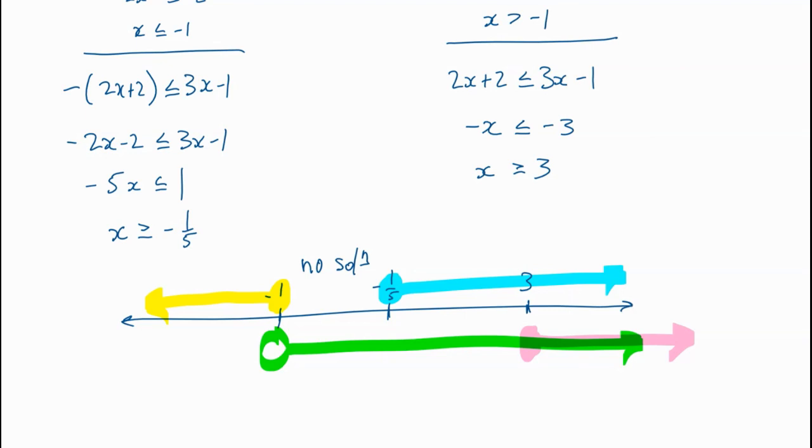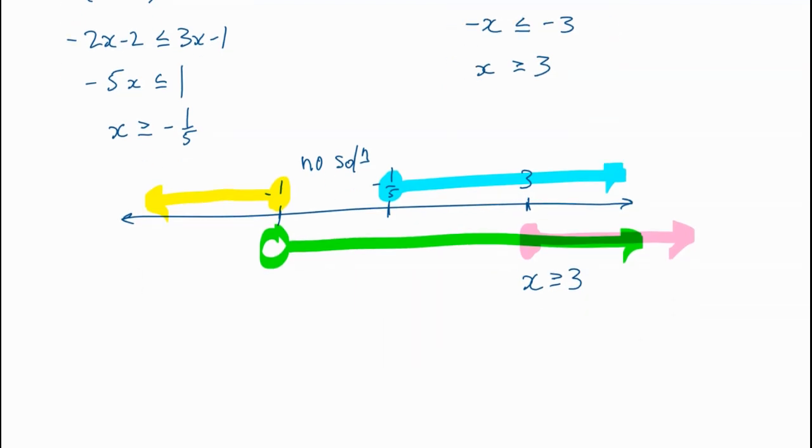Where do they overlap? They overlap when x is greater than or equal to positive 3. And then sometimes we were doing a second number line. In this case, we don't really have to because one of them is no solution. But if you remember, sometimes we would do a second number line to come up with an overall solution. But in this case, we can just state it. Therefore, x is greater than or equal to 3.